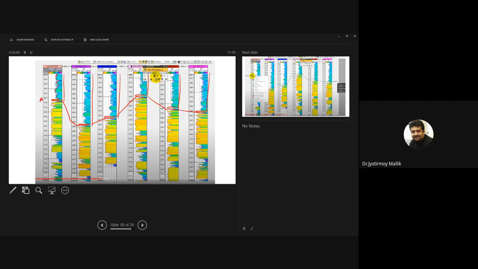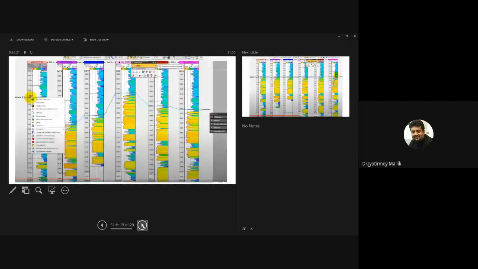And then what can I do? The next thing that we can do is, you can see here I have picked up this small sand streak before the actual sand comes, and we have named it as horizon 1.